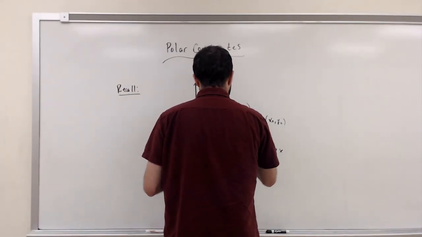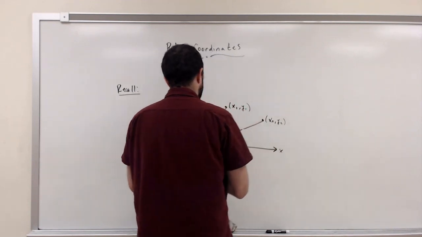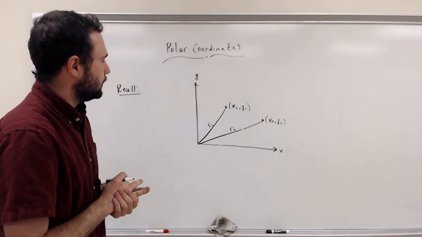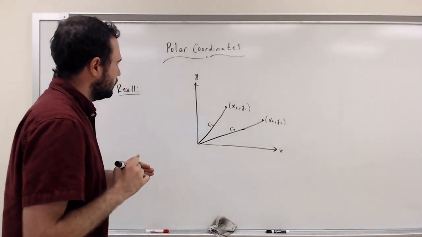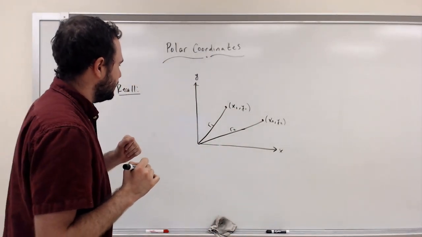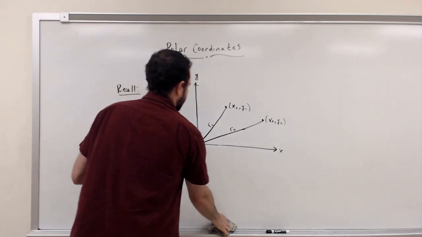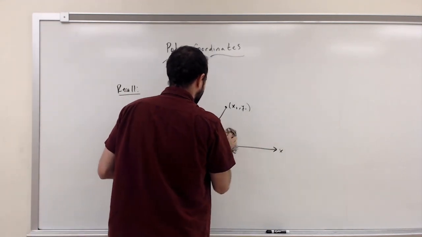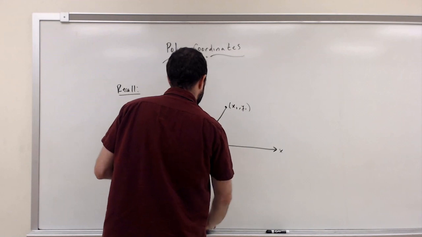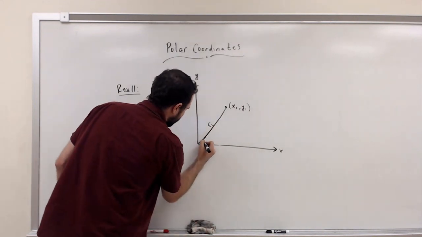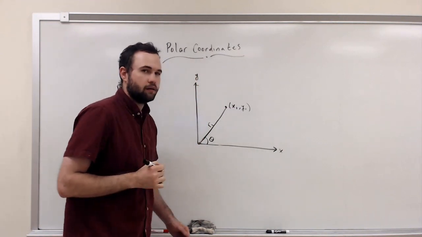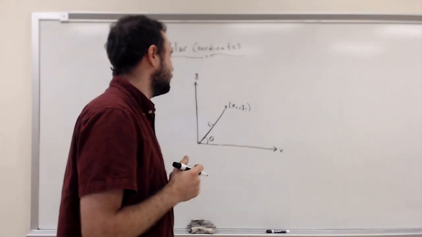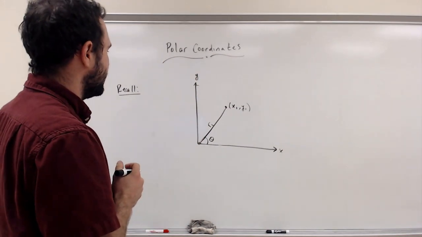We'll call it r2 just for the heck of it. But more importantly, we have this radius, and what if we were able to measure this angle here? We'll call it theta, because that's what we call angles in pre-cal. What if we can measure that angle?